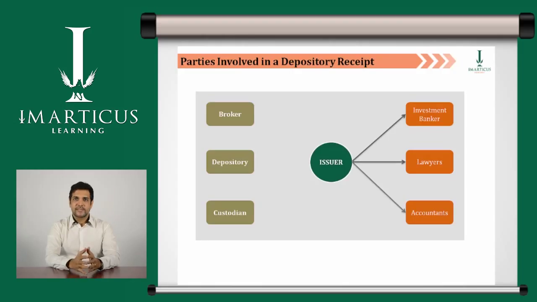The issuer who is interested in DRs has to approach an investment bank, lawyers, and accountants associated with this subject market. These will help the issuer in raising capital through DRs in a more systematic and legal manner.